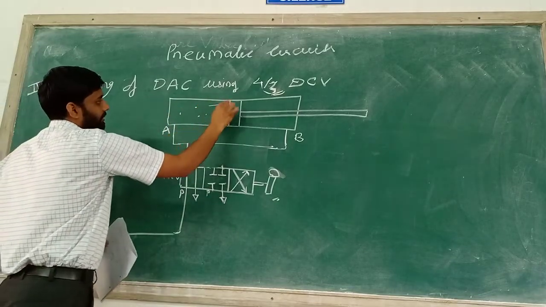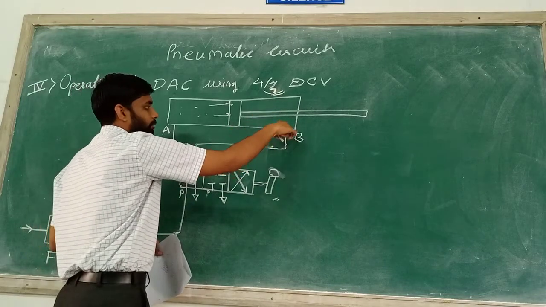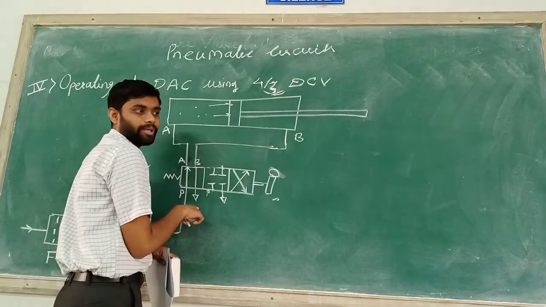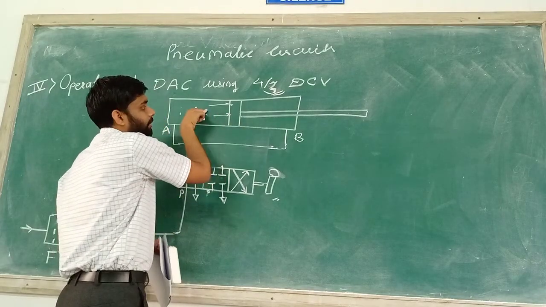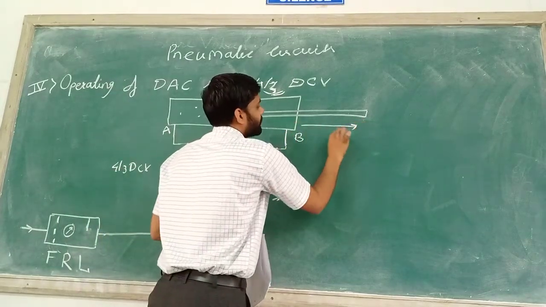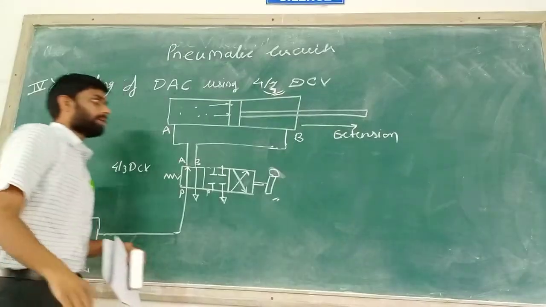It starts pushing this piston in the outward direction, and the air from this region is moving out from this port B and going directly to the atmosphere through this threaded air exhaust port. Because of this push of air, we get the extension of this double acting cylinder.